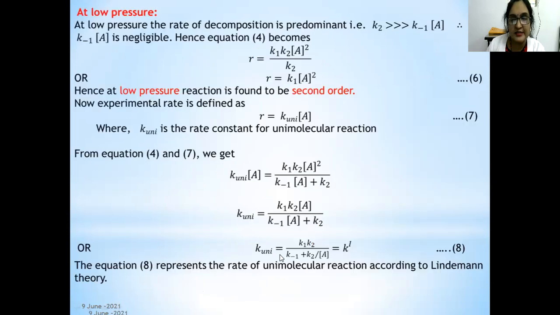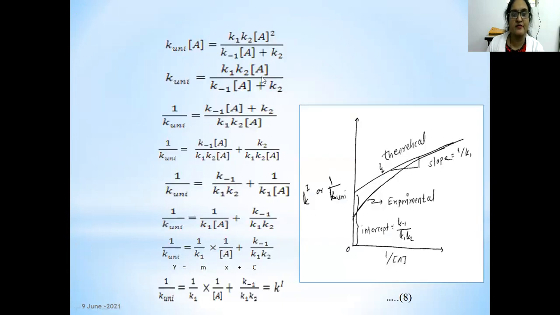Before that we will just take a reciprocal. Up to this we have already derived this equation. So take a reciprocal, because here we have to plot the graph, and to plot a graph we have to take this equation in the form of y equals mx plus c.